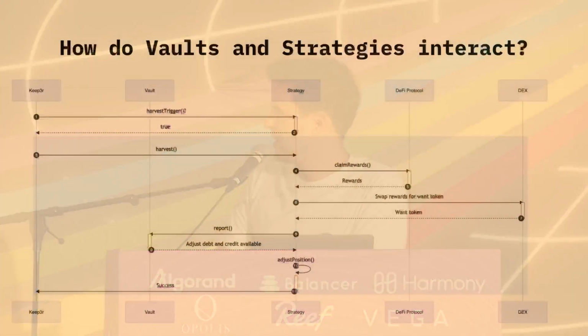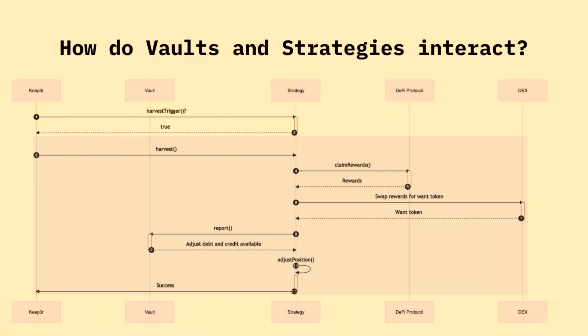Well, here's for me the most important part to code the strategy. It's understanding how the whole system works. It has 5 parts. The keepers, which are the decentralized bot network that are going to run the harvest. The harvest is a function that collects and recycles the rewards. The vault, the strategy, a DeFi protocol. It can be any DeFi protocol, Aave, Compound, whatever.